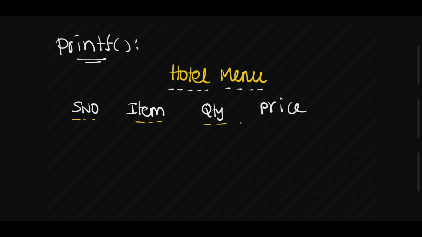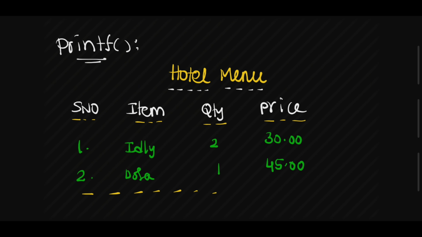You can clearly observe it is like a price list. First is serial number 1, item idli, quantity 2, price 30 rupees. Similarly item 2, dosa, quantity 1, price 45 rupees. Like that we can define the items, and after that I'm going to define a line.